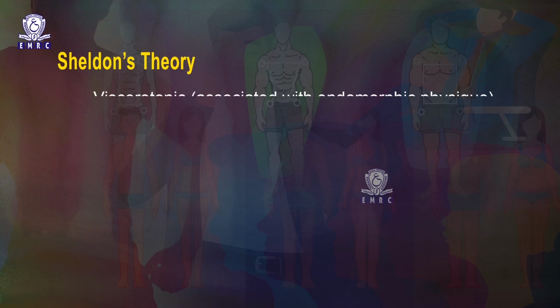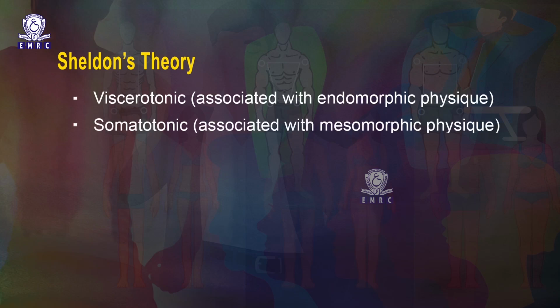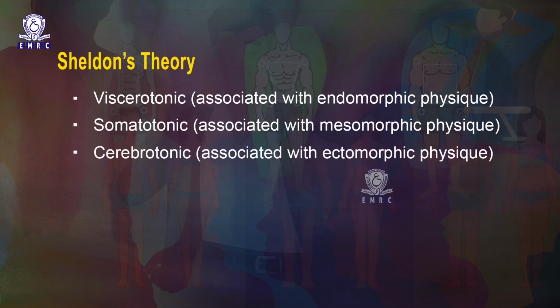Sheldon claims to have distinguished three characteristic groups of personality traits, each associated with a particular somatotype. These personality types are viscerotonic, which is associated with endomorphic physique. Second is somatotonic, which is associated with mesomorphic physique, and cerebrotonic, which is associated with ectomorphic physique.